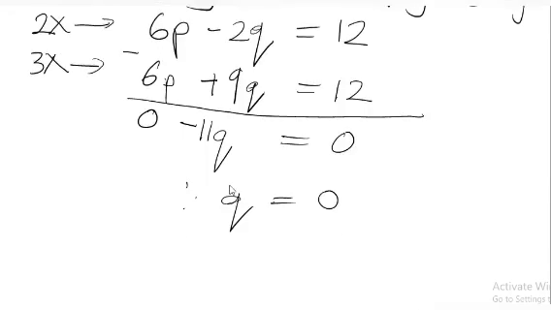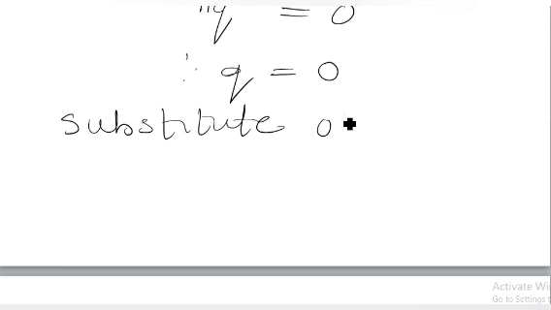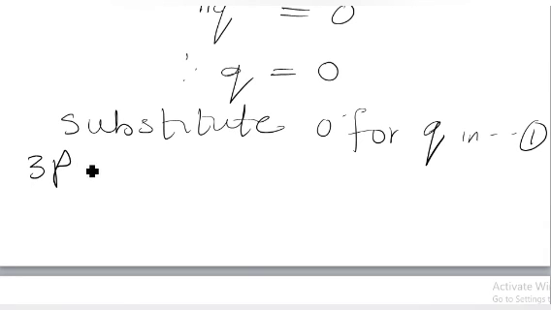So substitute 0 for q in equation 1. I substitute in equation 1, you can substitute in equation 2. I'm going to have 3p minus 0 equal 6.